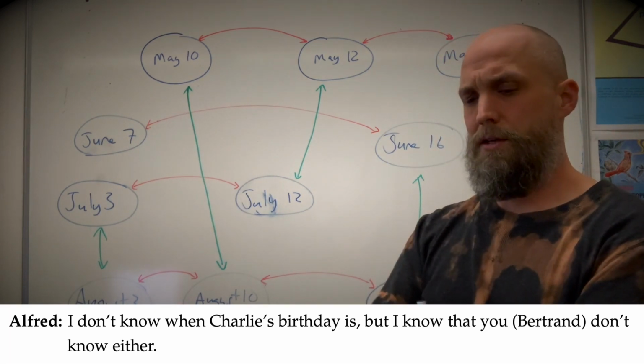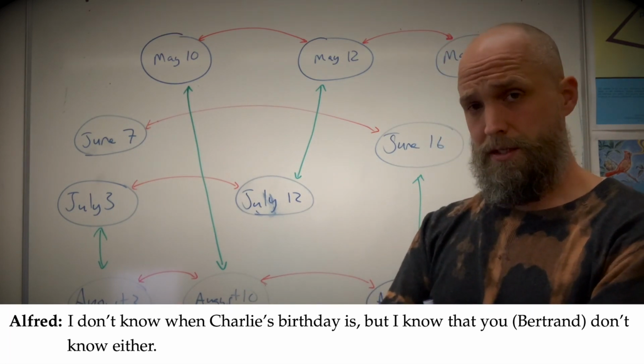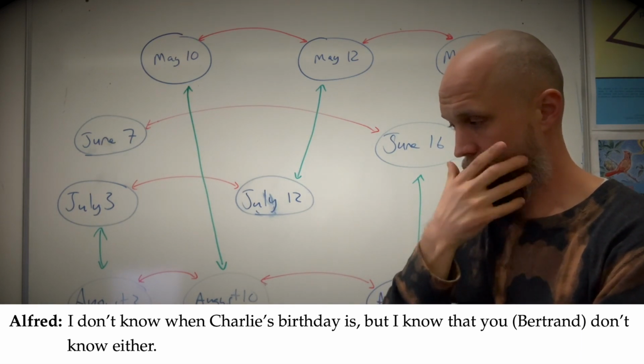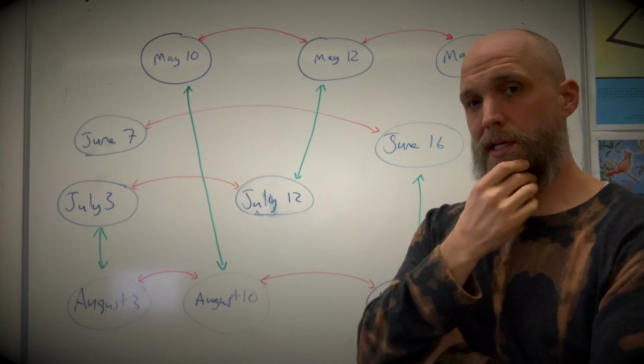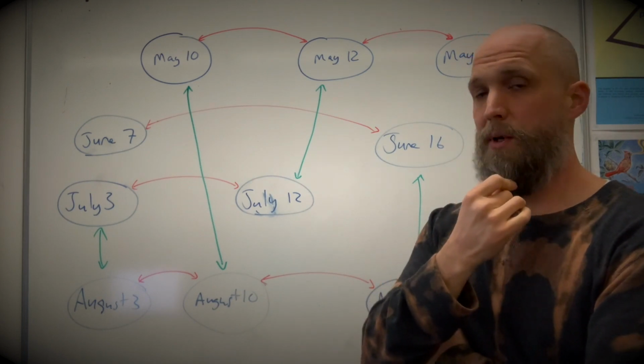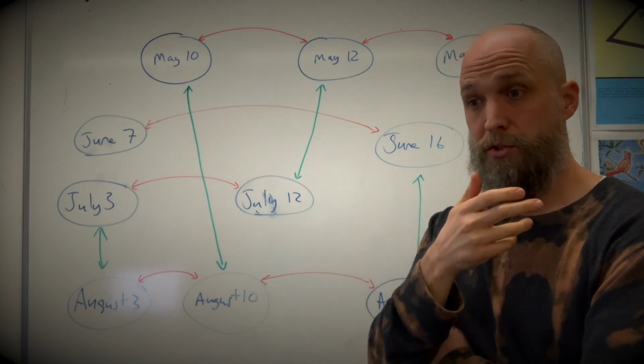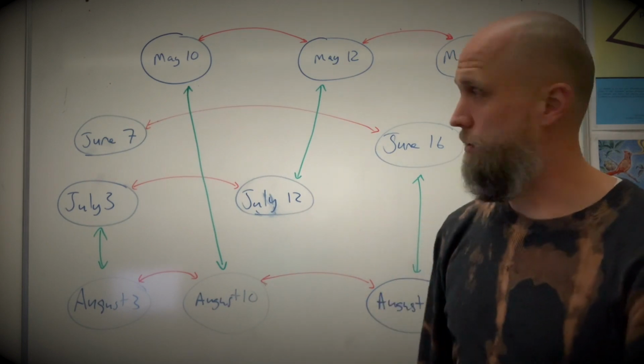So how could Alfred know that Bertrand doesn't know? Well, given the dates that Charlie said were possible, there are situations in which Bertrand could have known, right?